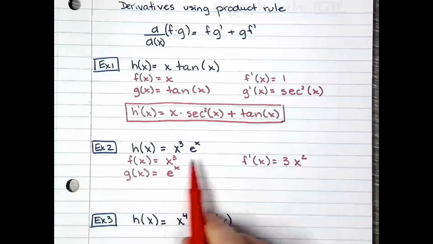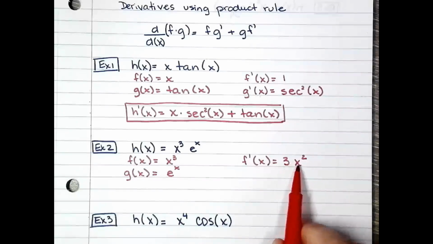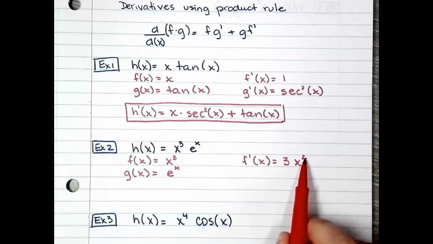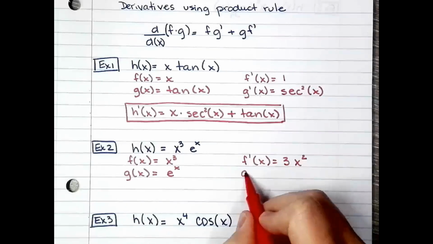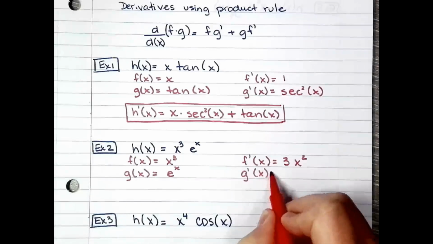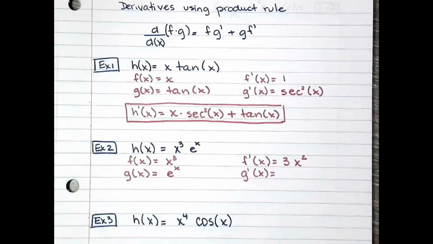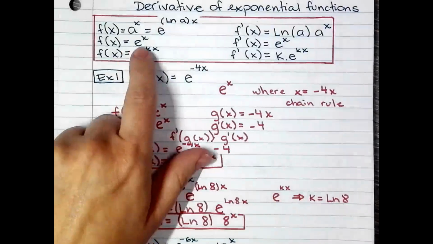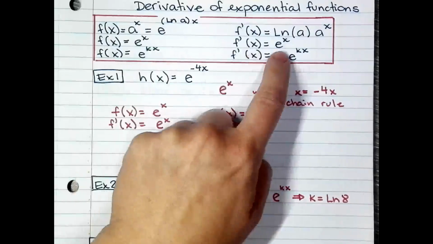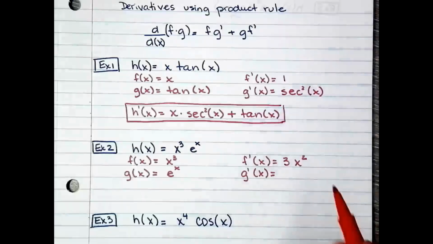So the exponent goes in the front, multiplying, and then you drop one of the exponent right there. So from 3 goes down to 2. The derivative of e to the power of x, we did that a couple days ago. The derivative is just e to the power of x.